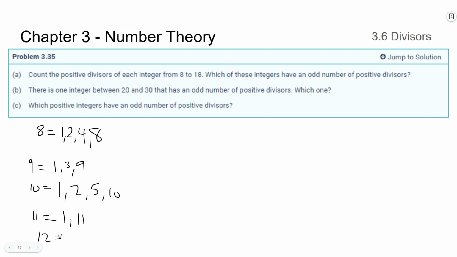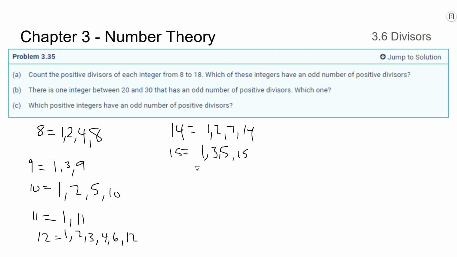For 12, we've got quite a few of them. We have 1, 2, 3, 4, 6, and 12. For 14, let's see, we've got 1, 2, 7, and 14. 15 is 1, 3, 5, 15. 16, we have 1, 2, 4, 8, and 16. 17, we have 1 and 17.